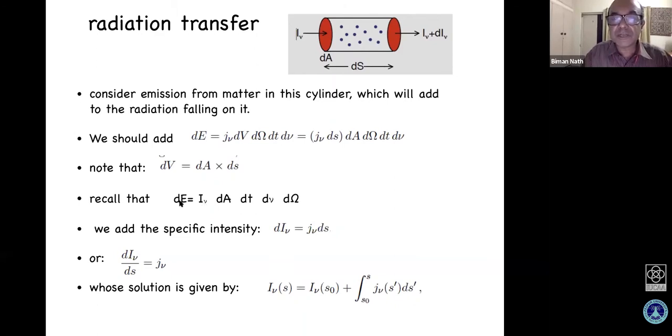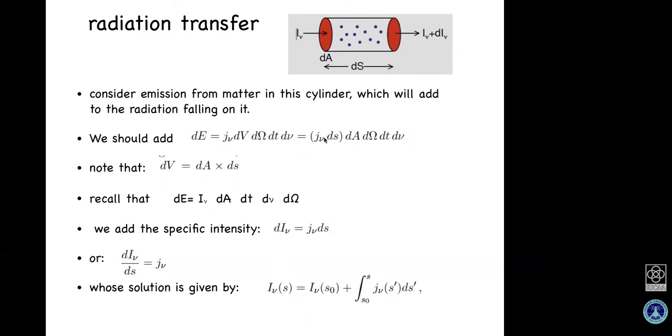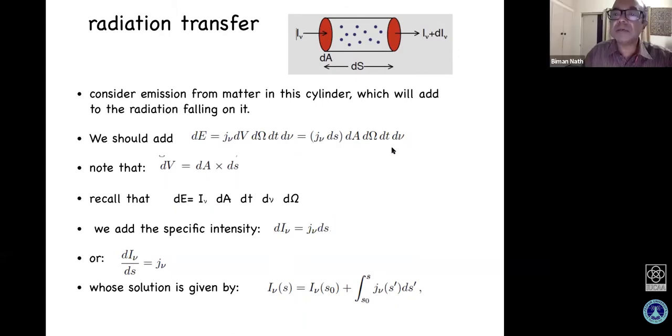This is the total energy that is entering the volume. This is the extra energy that is being emitted by the matter in the volume. So if you compare this with this, I'm adding this part. So this is the part that is being added, right? So the extra part is nothing but j_ν times ds.